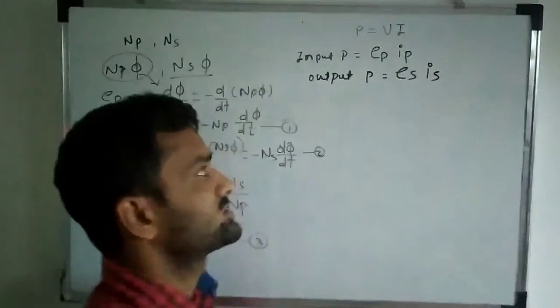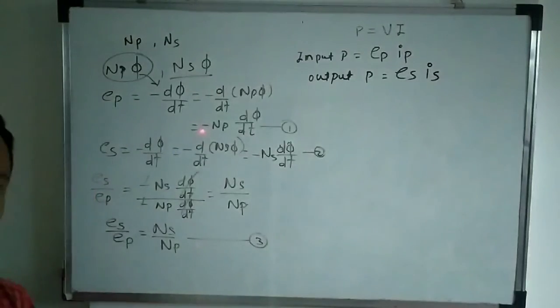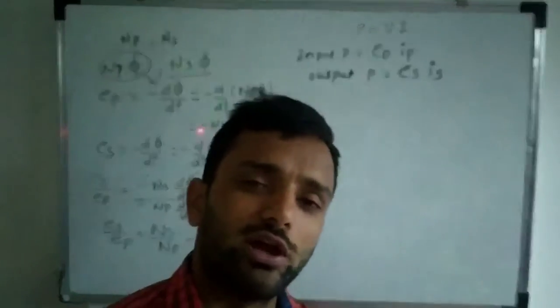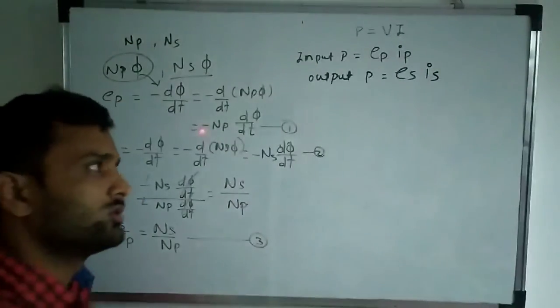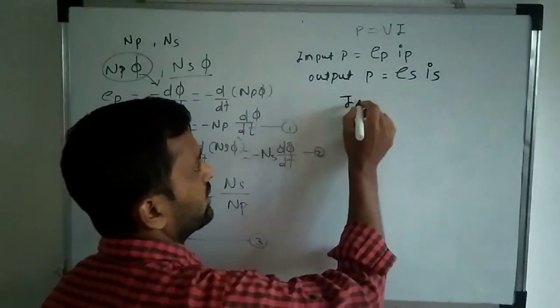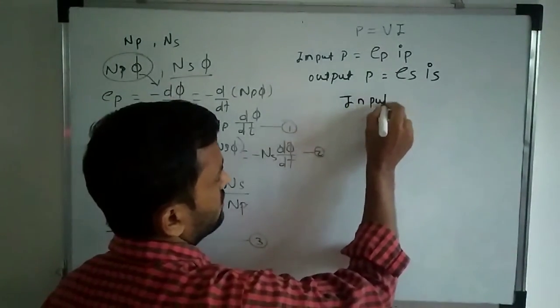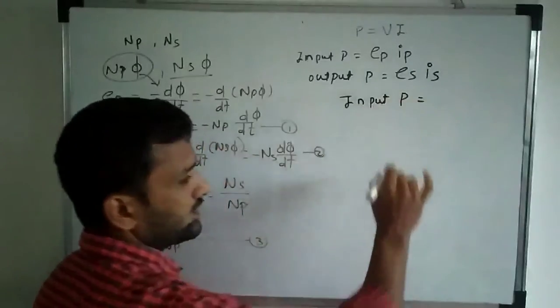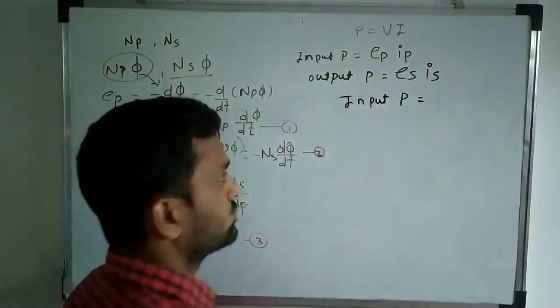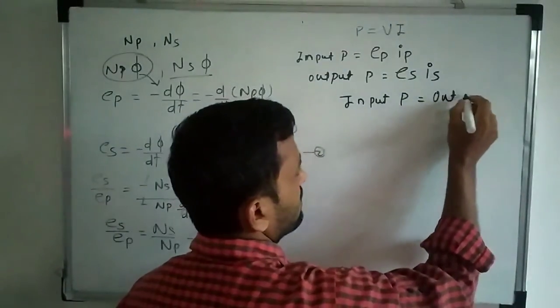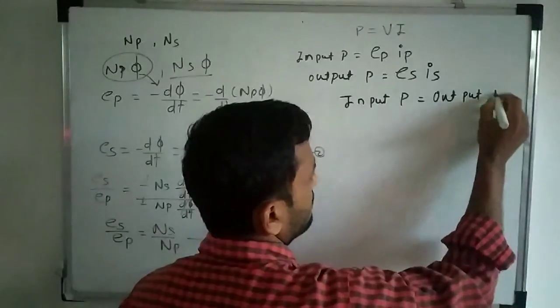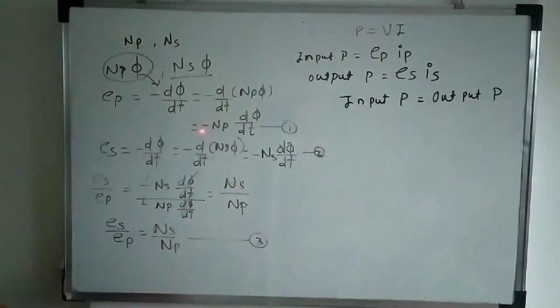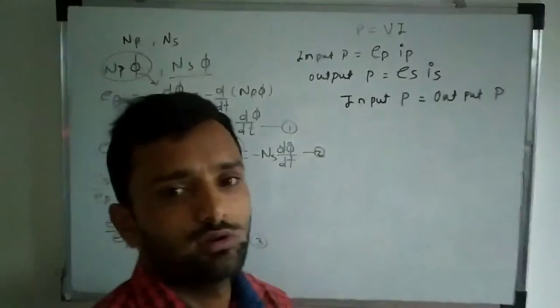It is IS. So, what is the ideal transformer? The ideal transformer is one whose input power is equal to output power. What is the definition of the ideal transformer? An ideal transformer is one whose input power is equal to output power.